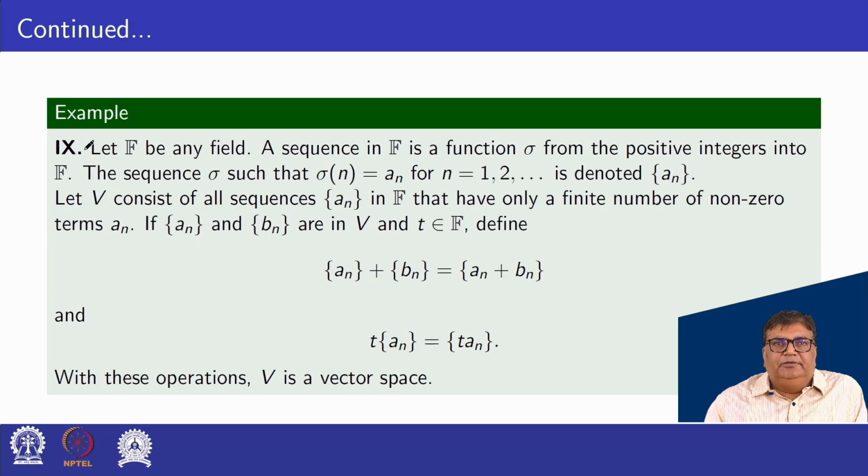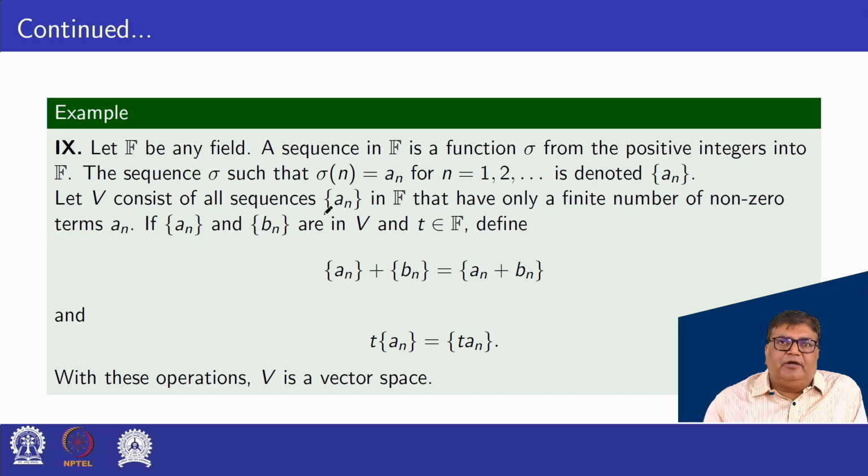Next example: let F be any field, and a sequence in F is a function sigma from the positive integers to the field F. The sequence sigma such that sigma n is equal to a_n, for n equal to 1, 2 and so on, is denoted by a_n.